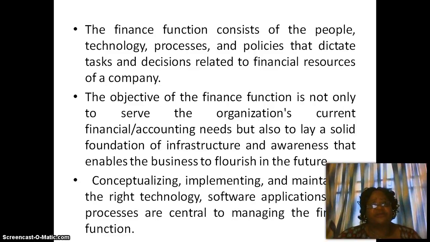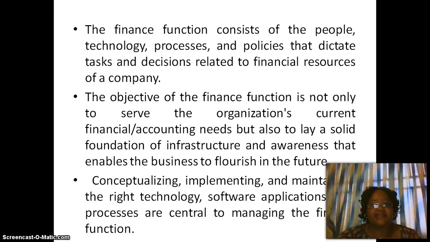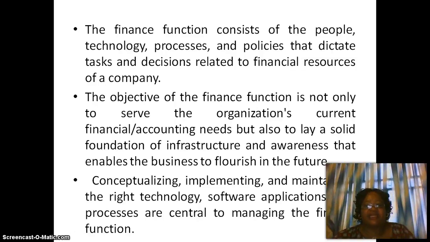The finance function consists of the people, technology, processes, and policies that dictate tasks and decisions related to financial resources of a company. The objective of the finance function is not only to serve the organization's current financial or accounting needs, but also to lay a solid foundation of infrastructure and awareness that enables the business to flourish in the future.